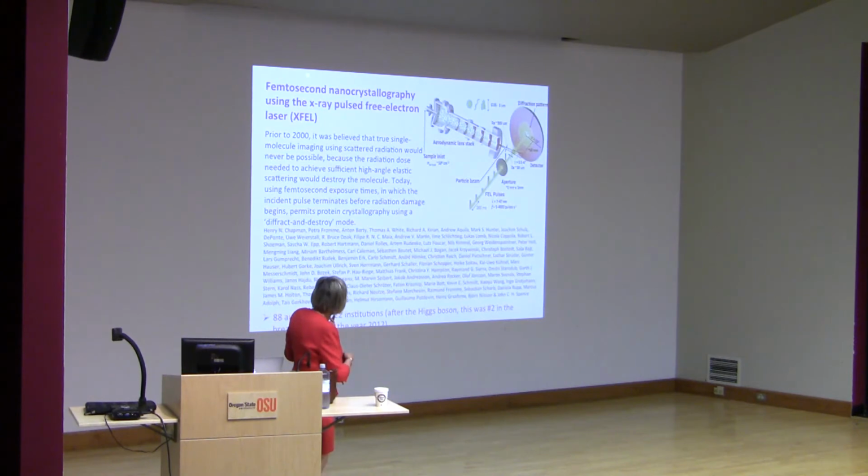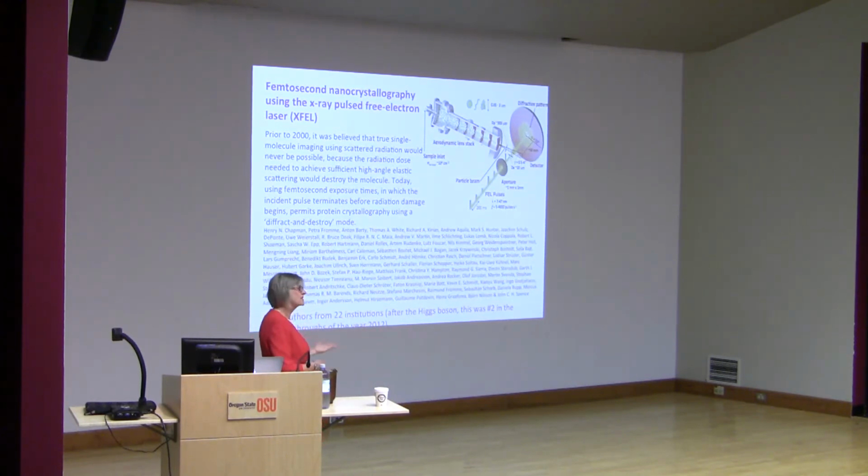And this is a collaborative team that has 88 authors from 22 institutions. And this had to do with the first use of the free electron X-ray laser, which may probably revolutionize crystallography.